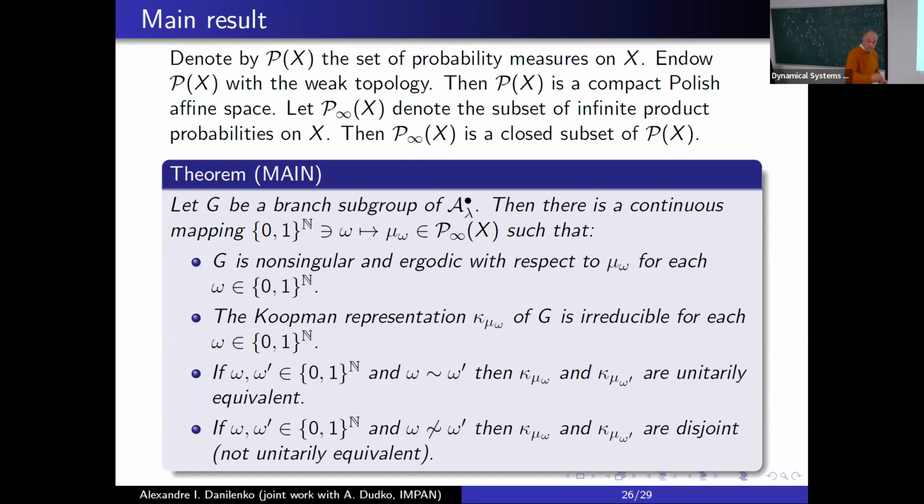But while this space is a good Polish space, when we pass to the quotient by the tail equivalence relation, we obtain a very bad Borel space. It's not standard. So we constructed a lot of inequivalent unitary representations, but they are parameterized by this Borel space. So we constructed a large family.